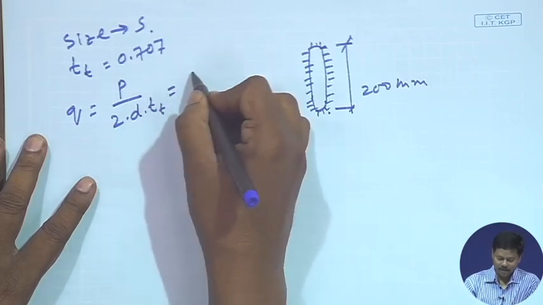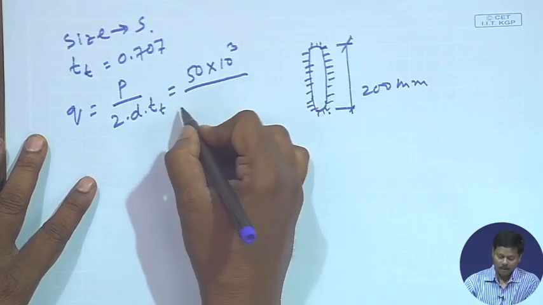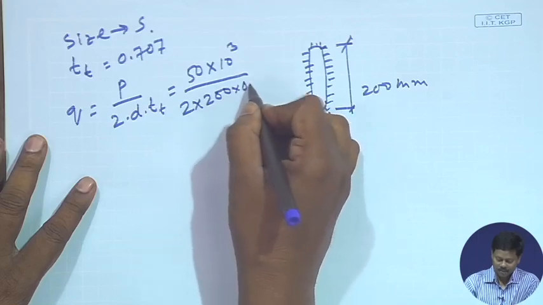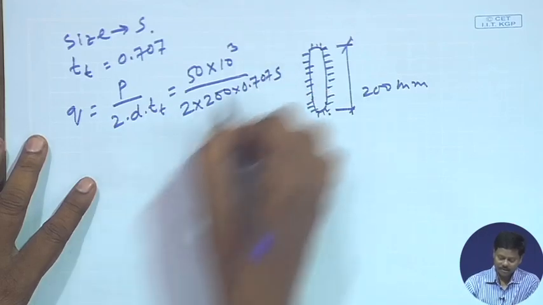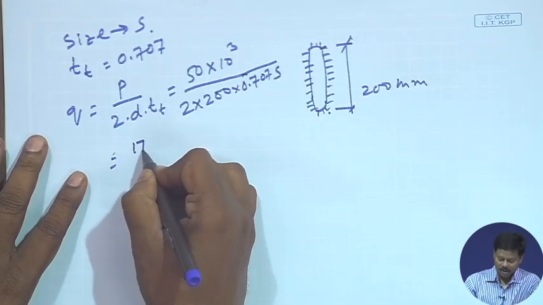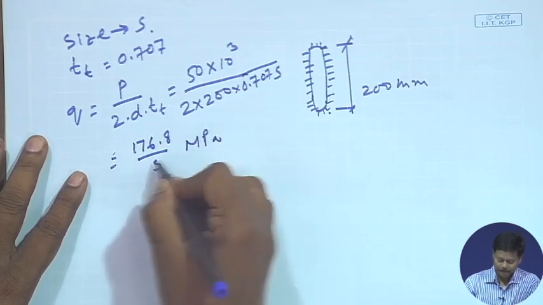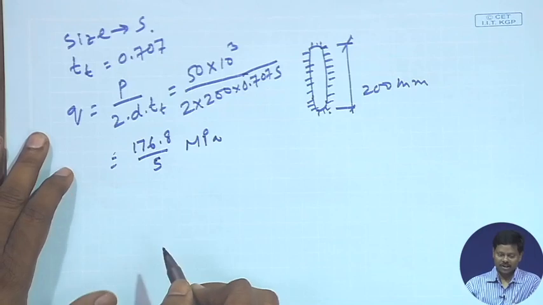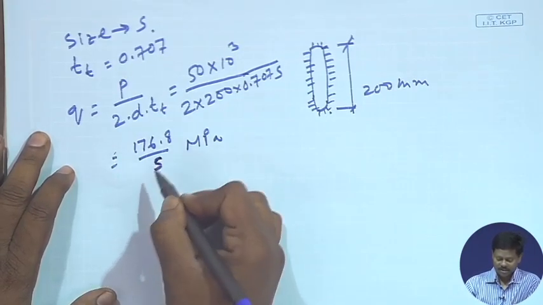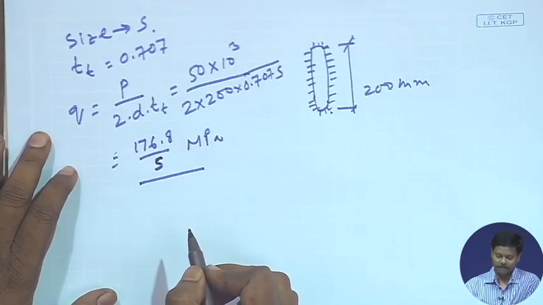So, by putting the value, P is 50 kilonewton by 2 into D, D was given 200 and Tt is basically 0.707 S, right. So, from this we can find out as 176.8 by S MPa. So, vertical shear stress is coming 176.8 by S MPa.